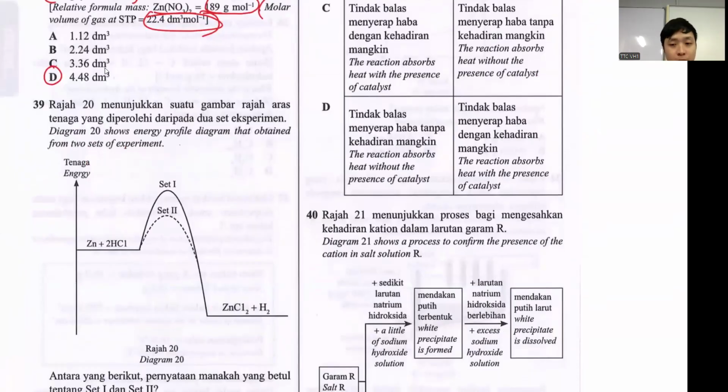Question 39. Now, if you see this kind of graph, you normally think of catalyst already. This is Form 4, Chapter 7. Diagram 20 shows energy profile diagram from 2 sets of experiment. One has catalyst, one no catalyst.